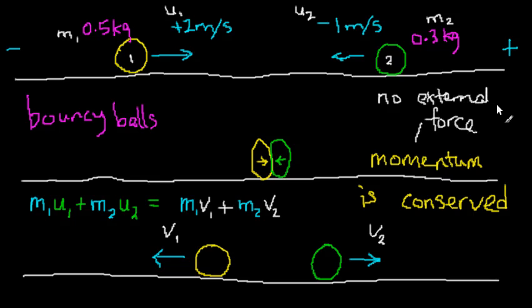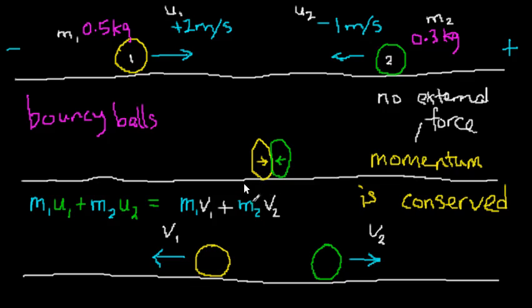Well, we emphasize here the word external because clearly there are internal forces, right? At the point where they come into contact, when they hit each other, they'll be applying force on each other, obviously, from this picture. So the condition is that there must be no external force. You mustn't push it, and this only happens when there is no friction.